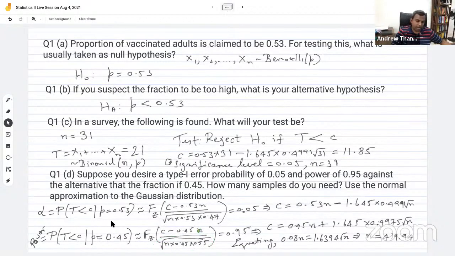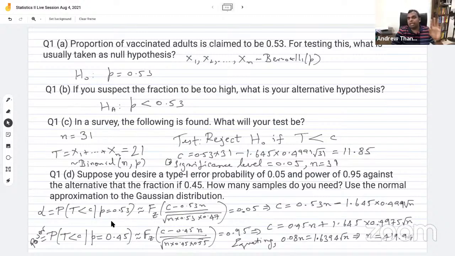I want a power of 0.95. FC inverse of 0.95 is 1.645, which you should remember after a while. So you get 0.45n plus this term, and that's the C.